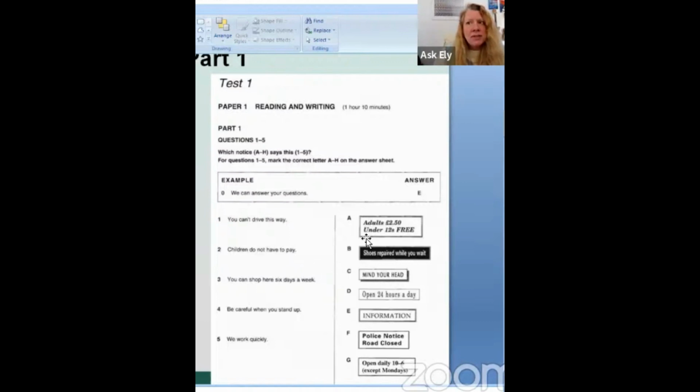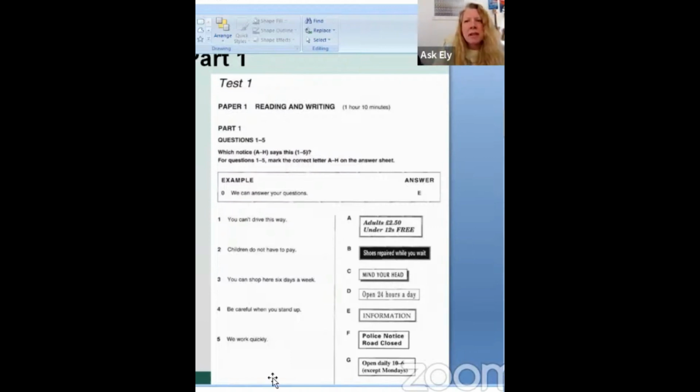Adults, £2.50. And children, under 12. That's children, right? It's free. And free means no money. Now, do we need to read the rest of these? No, because we know for sure, 100%, that A is the right answer.